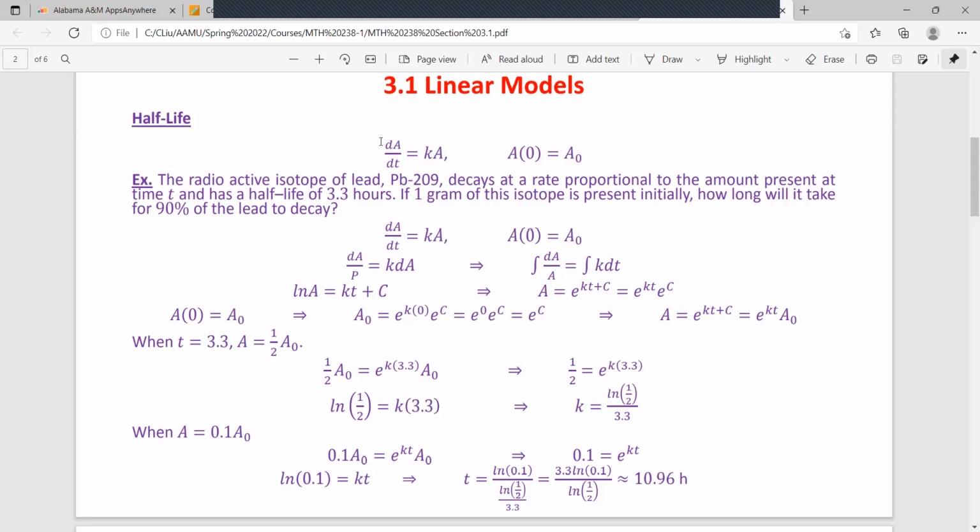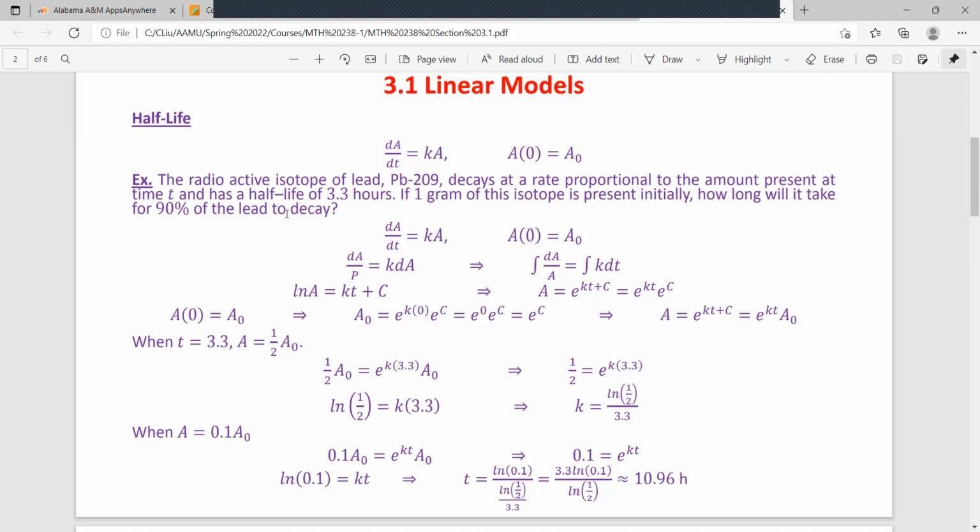So that's basically the differential equation telling us. And it has a half-life of 3.3 hours. Okay, so that's given. So if 1 gram of this isotope is present initially, how long would it take for 90% of the lead to decay?